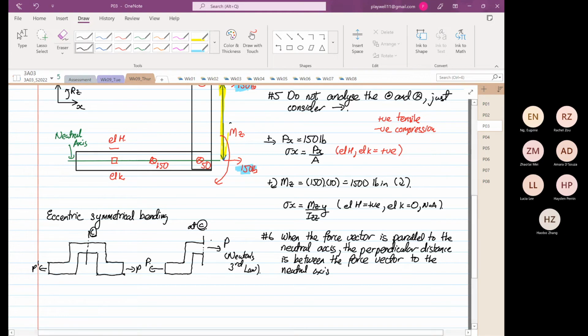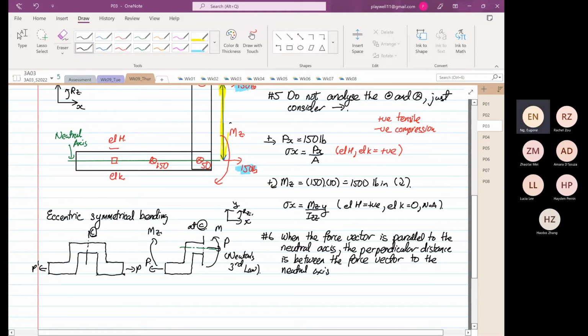If we construct our neutral axis, this is our neutral axis. Point C is where we are interested. This will generate a moment in the Z direction. If I draw the transformation, X, Y, rotation Z, we will have a counter moment.